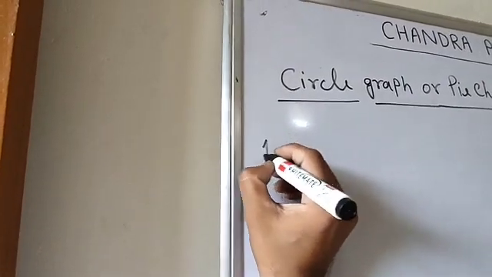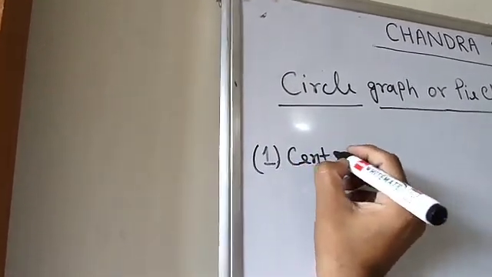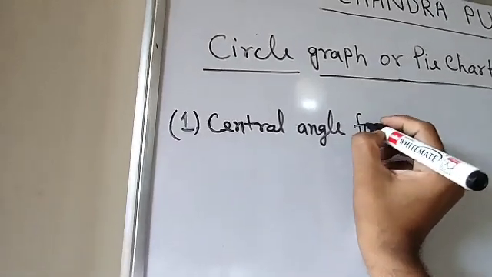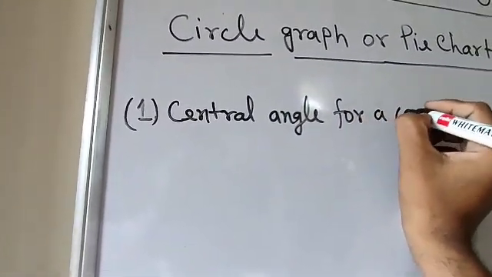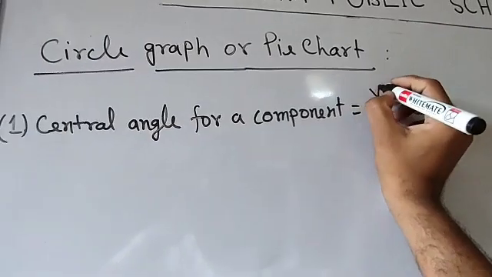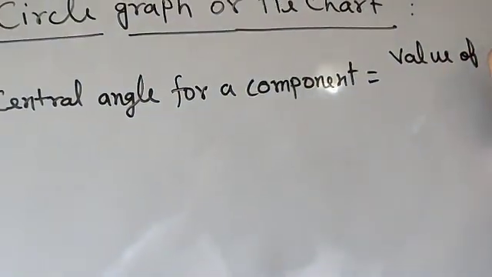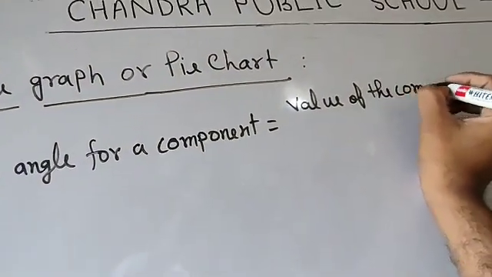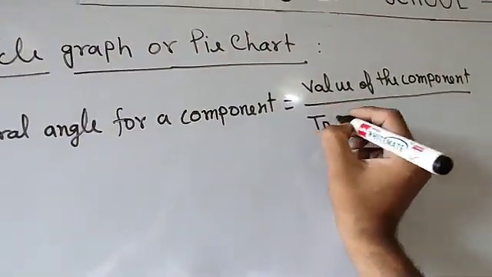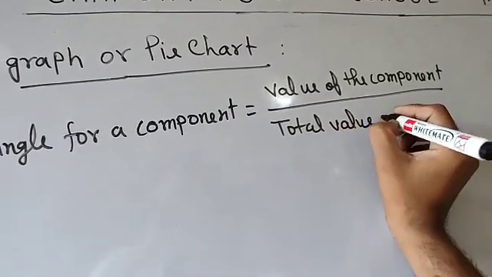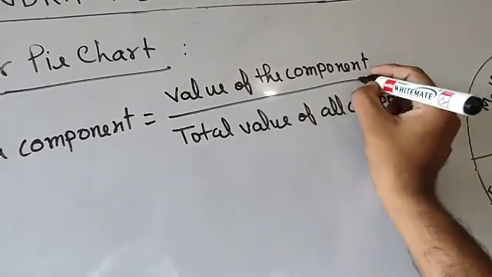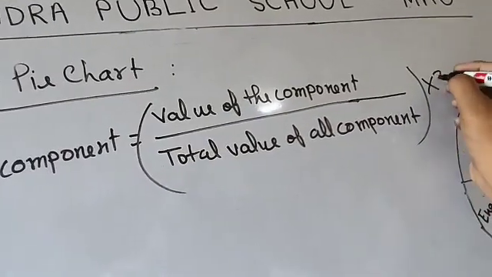So write the first formula: central angle for a component is equal to the value of the component upon the total value of all components, multiplied by 360 degrees.